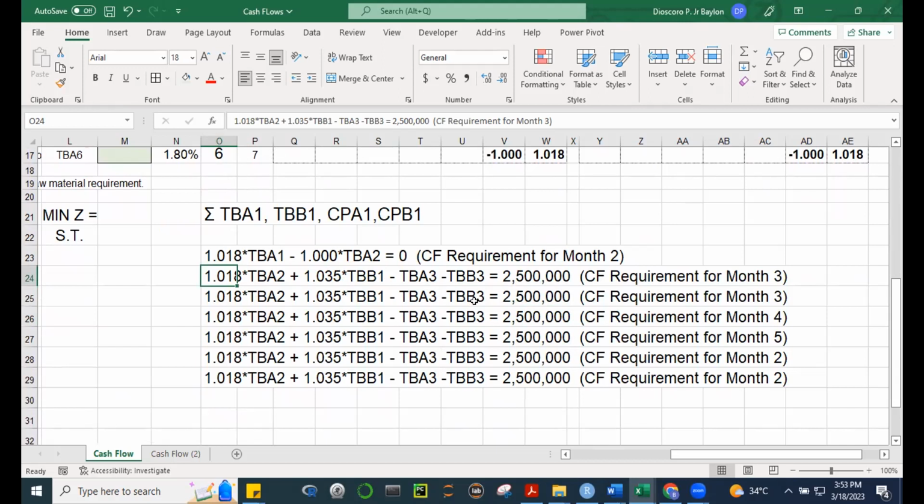TBA3 minus TBB3 is equal to 2.5. Yes, right, okay. Thank you.